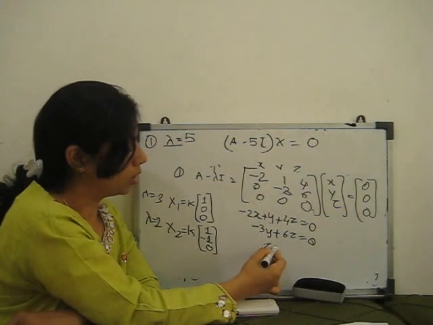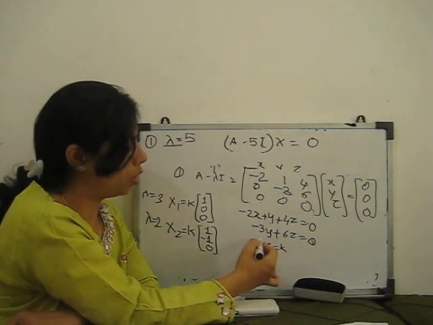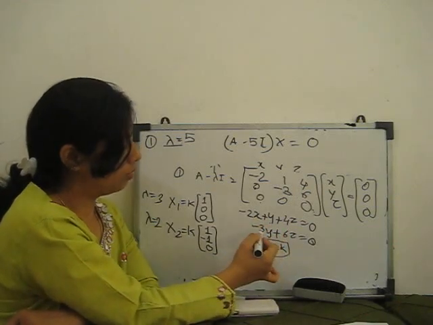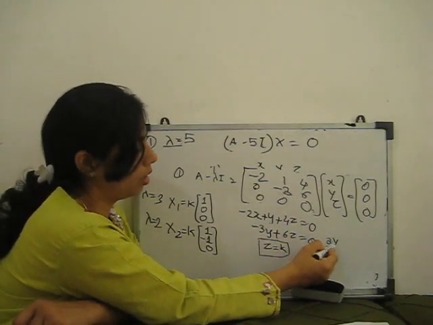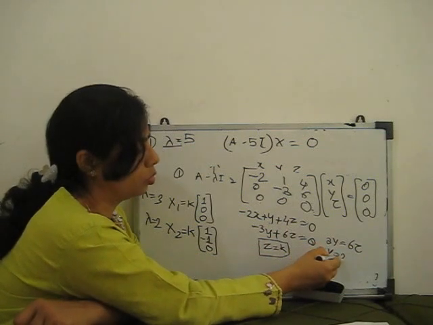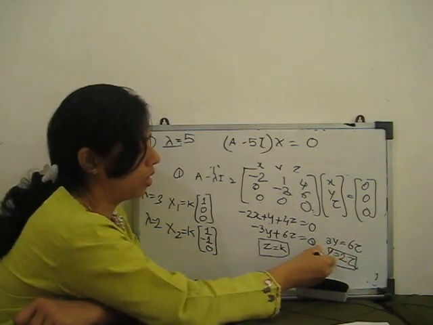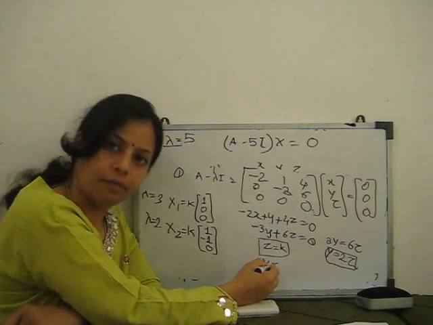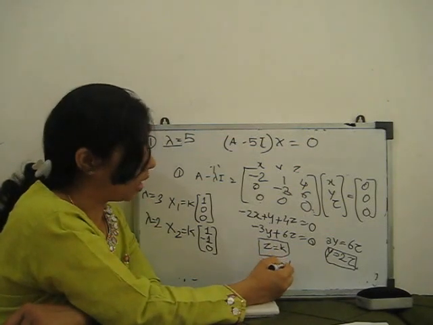It means we have to consider z to be any arbitrary constant. If z is equal to k, then we solve this equation. 3y equals 6z, so y is equal to 2z. If z is equal to k, then y is equal to 2k.